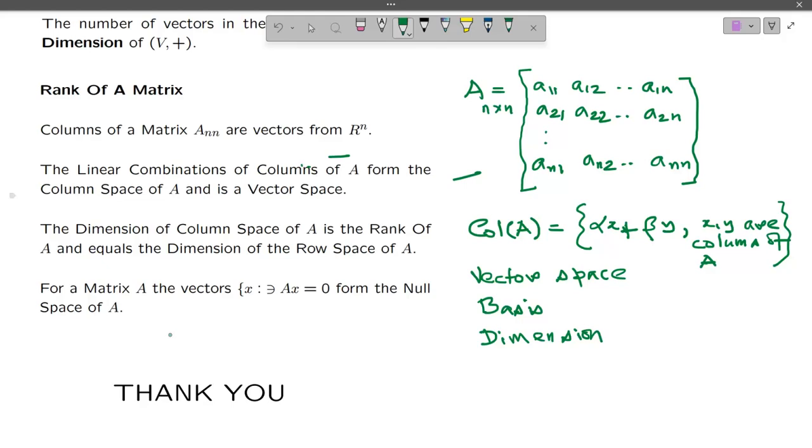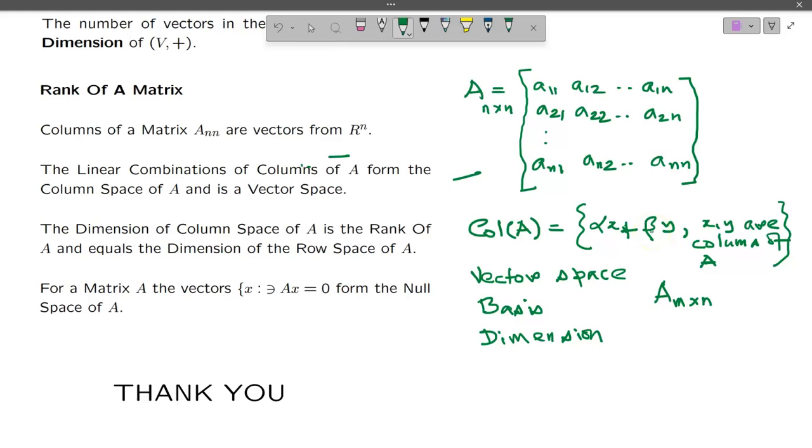Now for a matrix, the dimension of the column space of A is the rank of A and equals the dimension of the row space of A. That needs a bit of mathematics to show that the dimension of the column space of A is the same as the dimension of the row space of A, and it is a bit tricky to prove for a rectangular matrix A, m by n, because the column space is a subset of Rm and the row space is a subset of Rn.